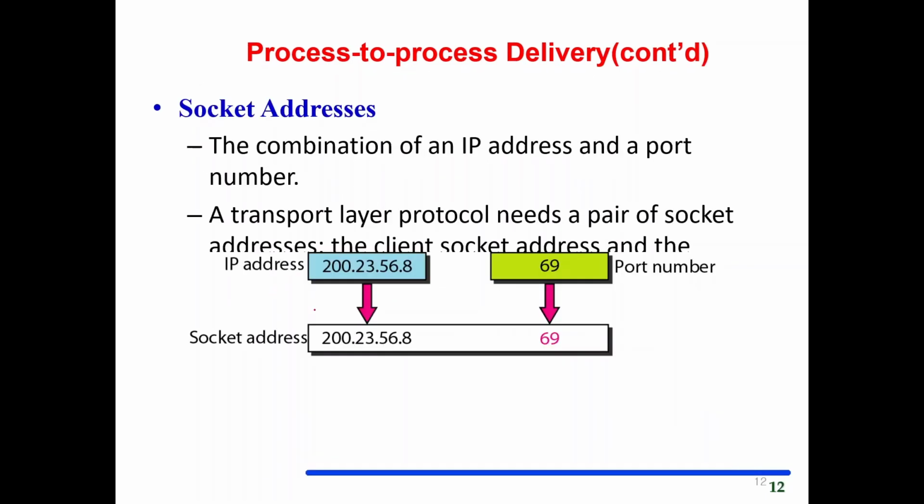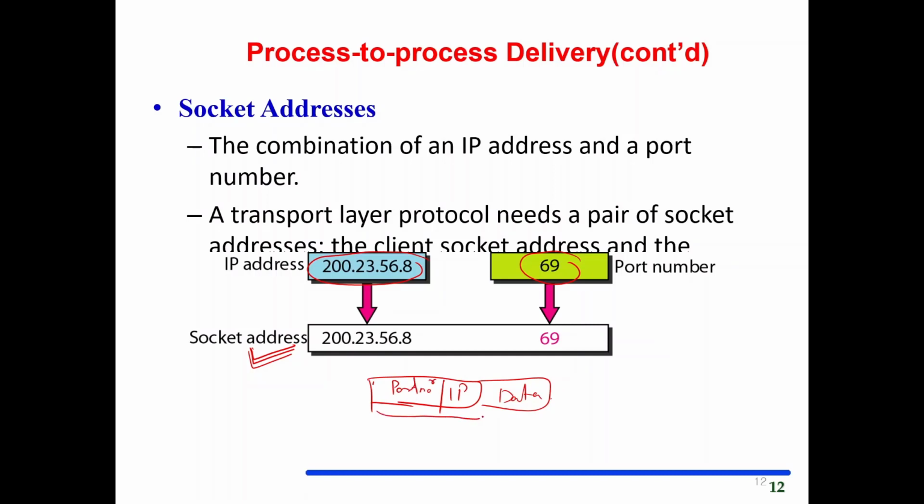You can see in this figure the IP address and the port number; the combination of that is called the socket address. Very important: in the transport layer, the address you will come across is the socket address. The transport layer, along with the actual data, will have the IP address and also the port number.